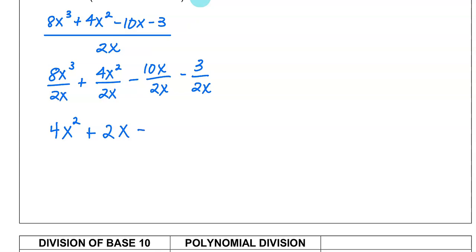And then subtract. Now we're going to do the 10x over the 2x. 10 divided by 2 is 5. You can see the x divided by x is just 1, so we're just left with minus 5 here. And I'm going to leave this as 3 divided by 2x here, and that will be the answer.